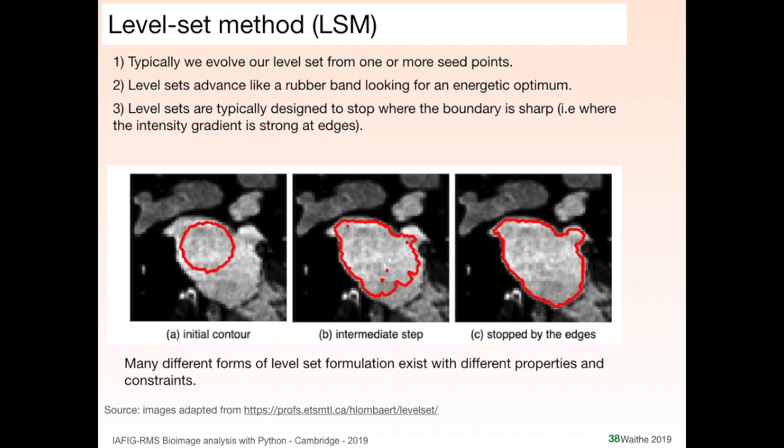We evolve it, taking into account different aspects of the image and of the level set itself. So we generally try to keep the level set to a certain smoothness, which contributes to the overall energy. We want it to iterate until it reaches a place where the gradient is sharp in the image, so it's the edge of a cell rather than the middle of the cell.